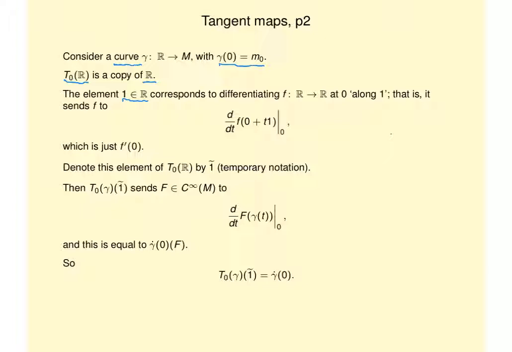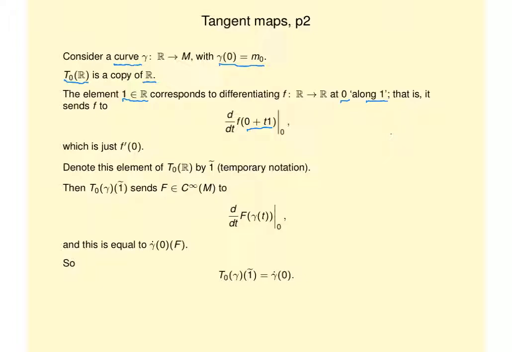And that corresponds to differentiating the function f, little f, at the point 0 in the direction of 1, or along 1. In other words, it's the ordinary derivative, d dt, of f at 0 plus t times 1. And of course that is just f of t.